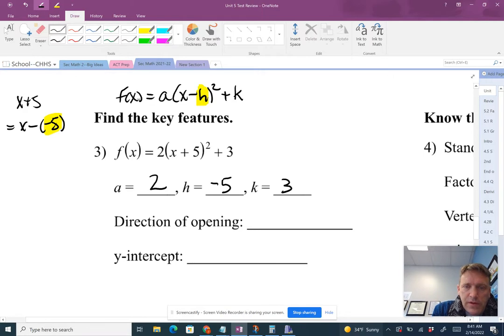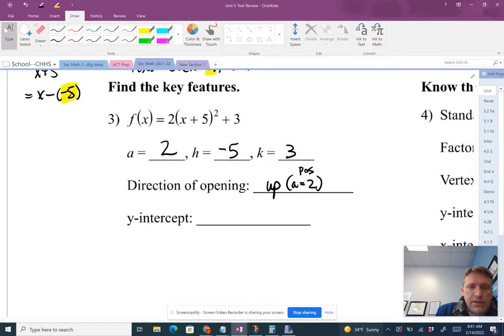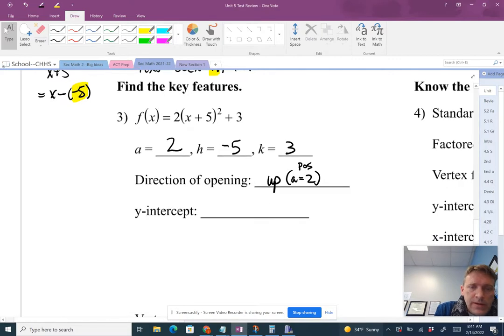is 3. Direction of opening: opens up since a is 2 and that is positive. The y-intercept is one we have to calculate. The y-intercept always happens when x equals 0, so we're going to put in 0 for x and find the corresponding value of y.